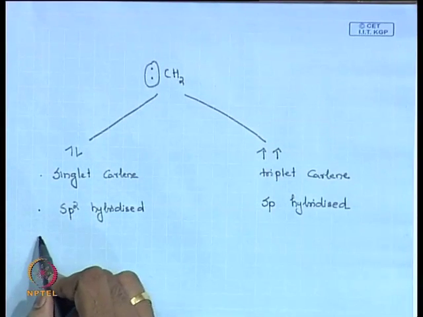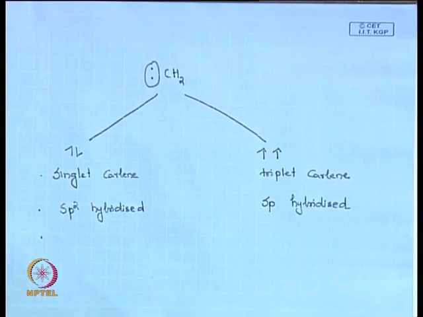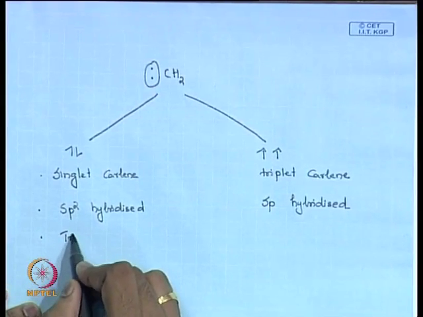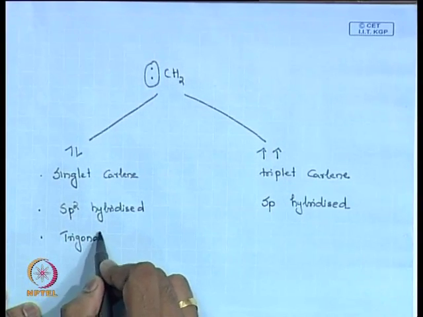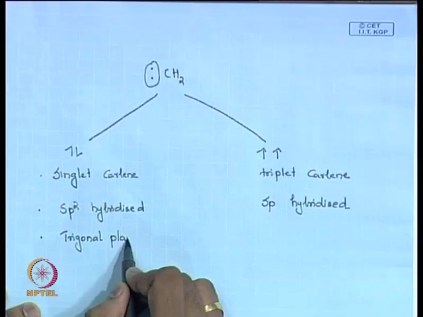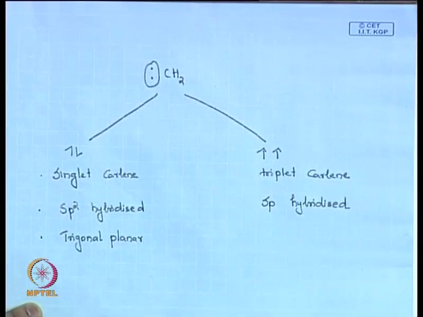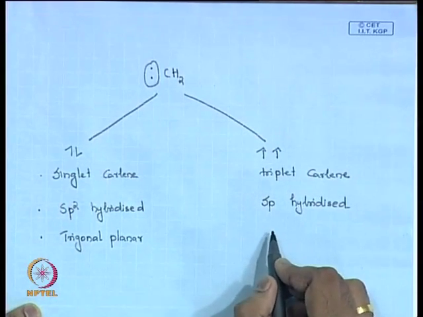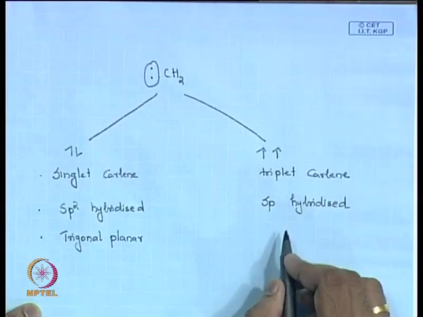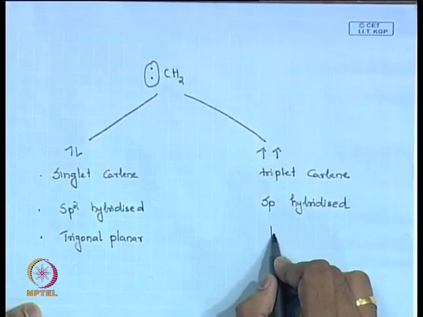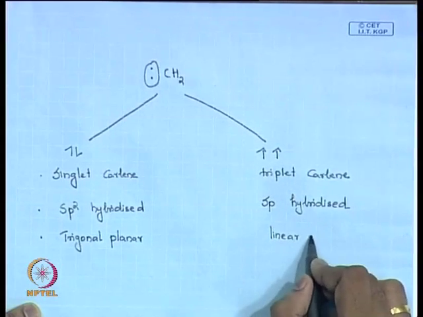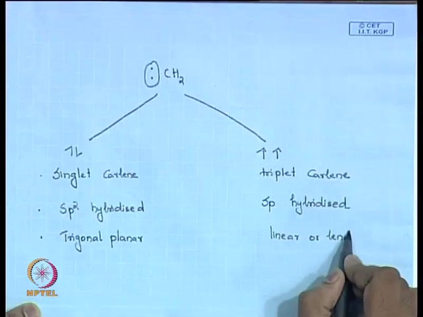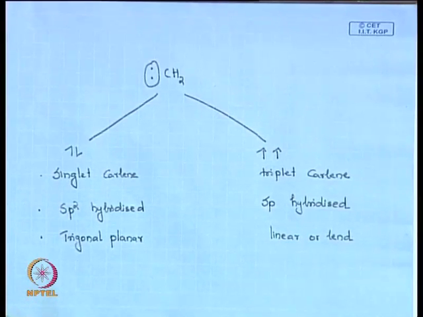If it is sp2 hybridized, then the structure should be trigonal planar. If it is sp, most of the time the carbene is linear. There are cases where it is bent also, but linear you can see most of the time.